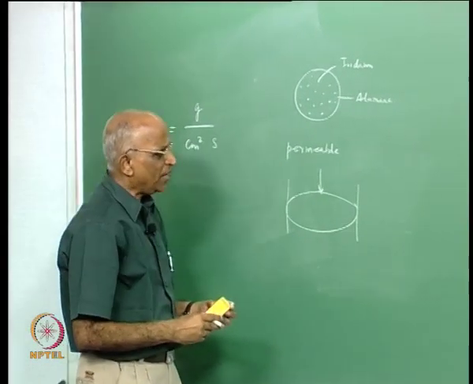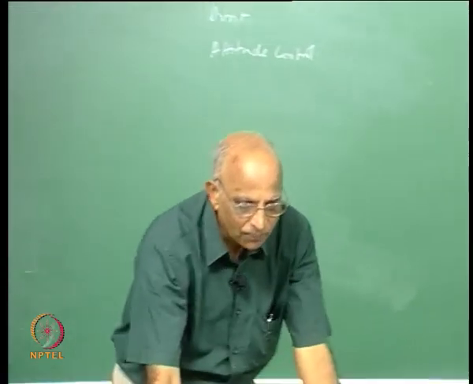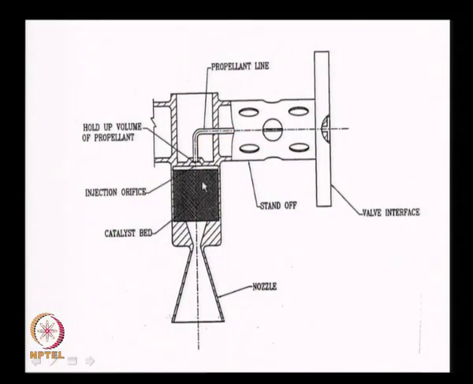In other words, what we have to necessarily ensure is that if I have the surface area of this bed to be so much, let us say a meter square or a centimeter square, and if I flow hydrazine at so much grams per second, the mass flow rate of hydrazine in grams per second divided by the surface area tells me the bed loading.